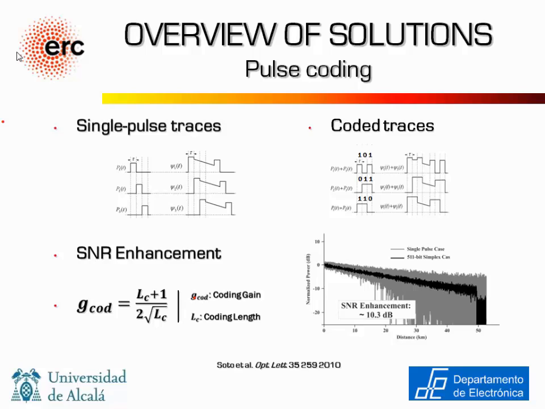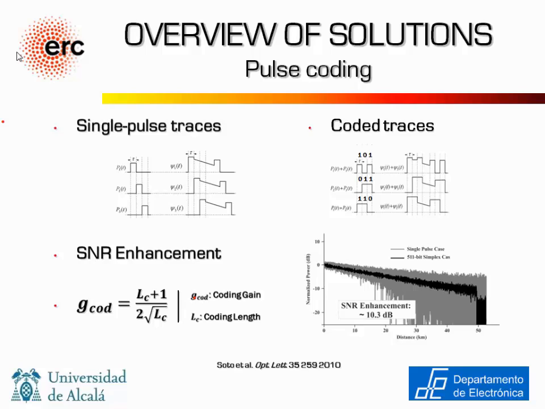The benefit here is that, of course, if you use very long sequences of pulses, you have much more energy to measure. And obviously, this gives you an enhancement of signal-to-noise ratio. This enhancement scales with the square root of the code length, as you see in that expression.